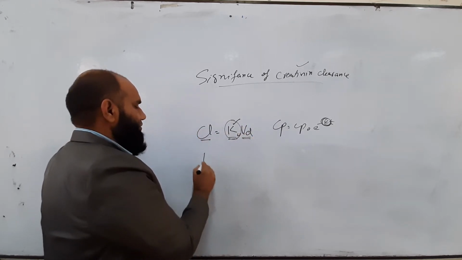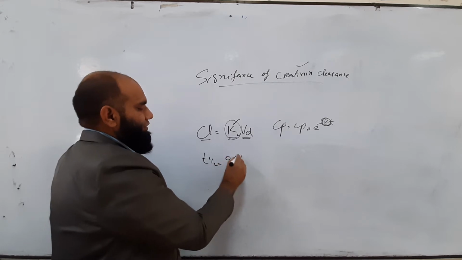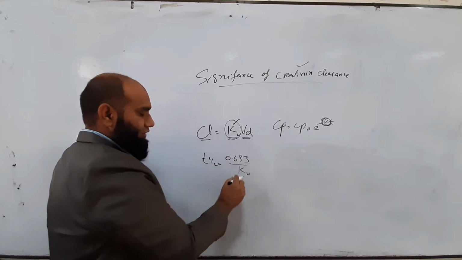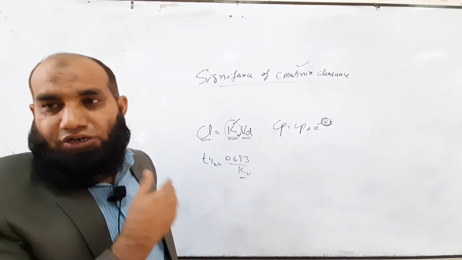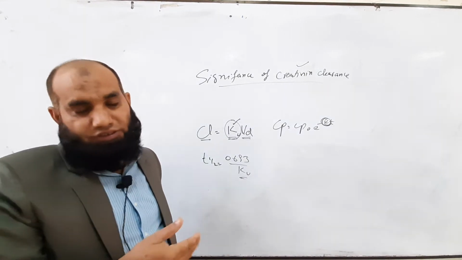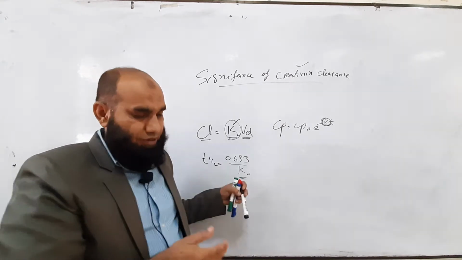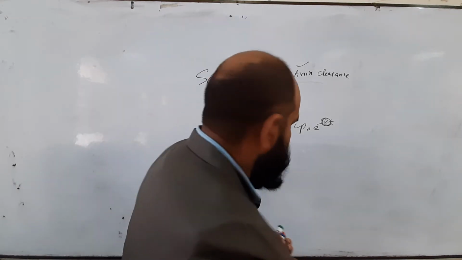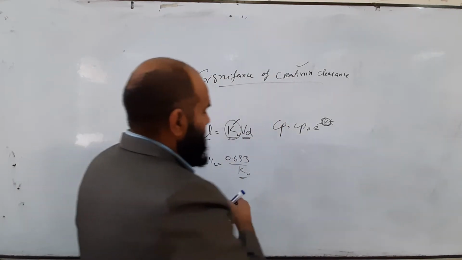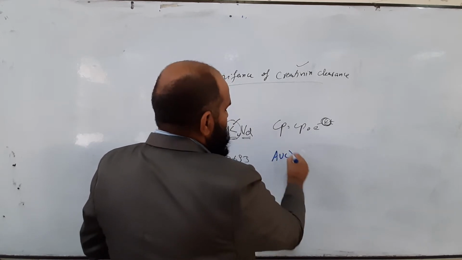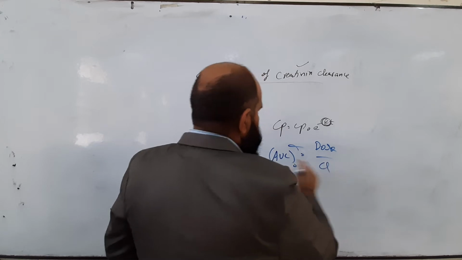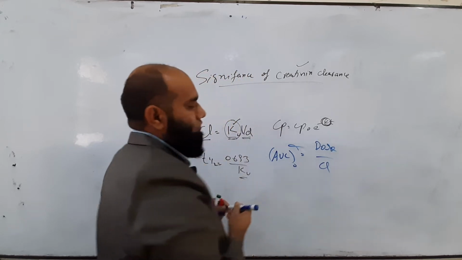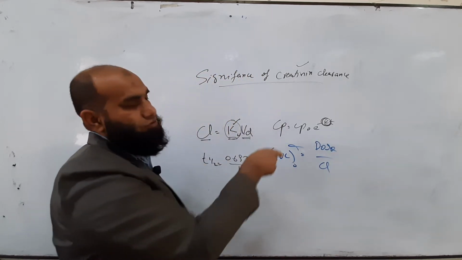We also have the formula of t half equals 0.693 over K. This K is also directly affected by the creatinine clearance rate. So these parameters can be changed, and the same case applies to AUC, the area under the curve, which is equal to dose over clearance, because clearance is equal to dose over AUC.